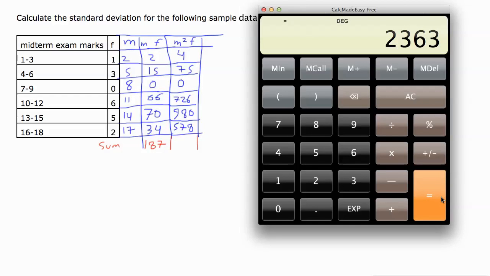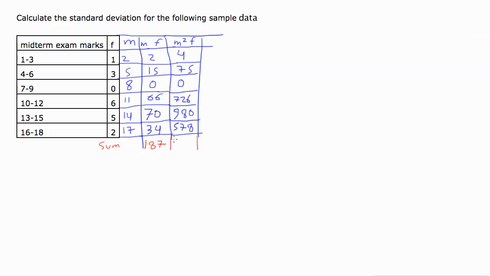Okay, so the sum here is 2363. Okay, so now I got the sum in both cases. Remember, this is 6 actually, it's not 0, it's 6, because some people might think otherwise.